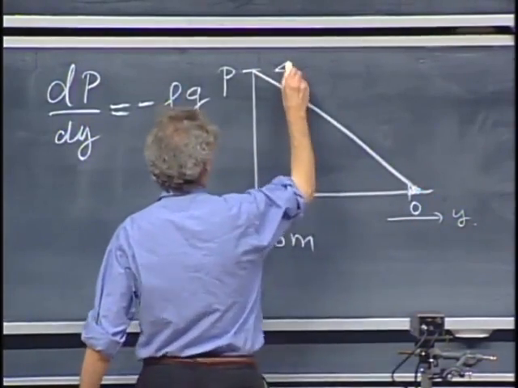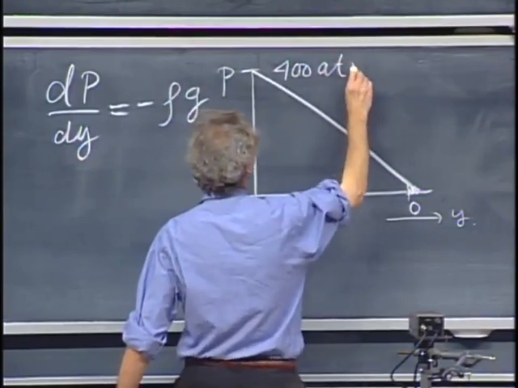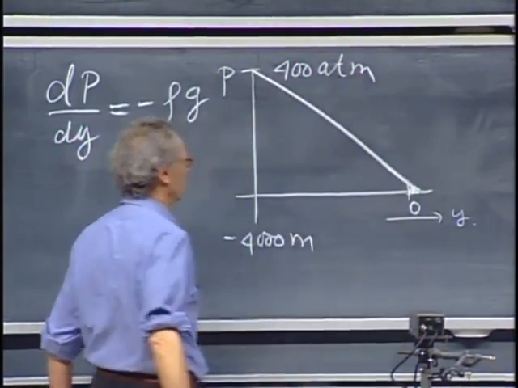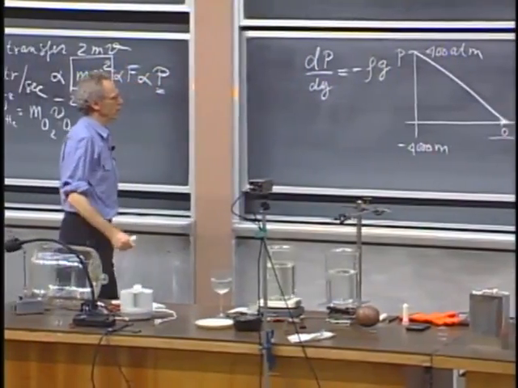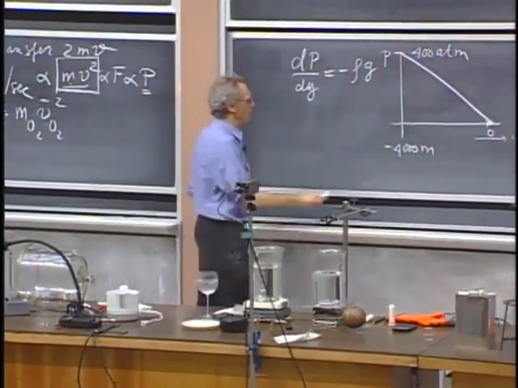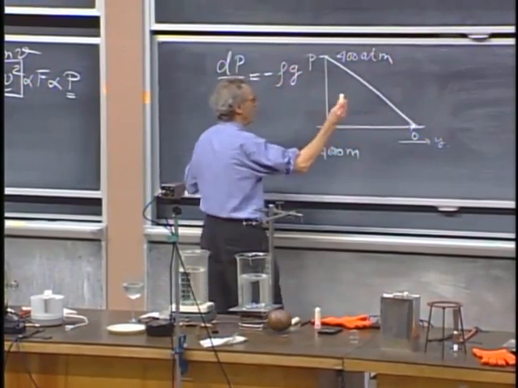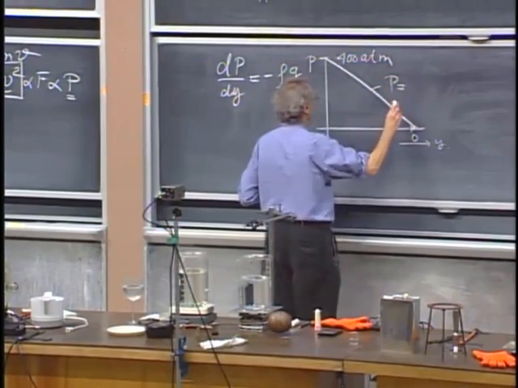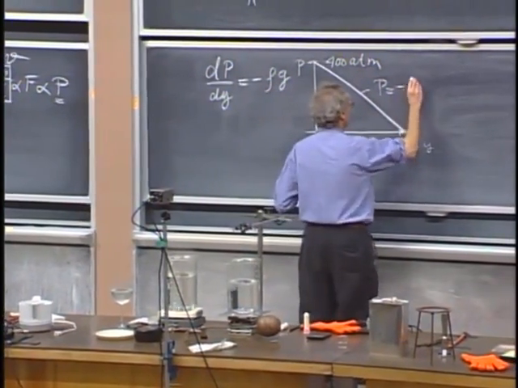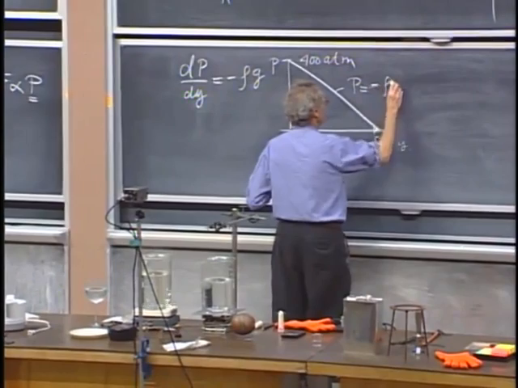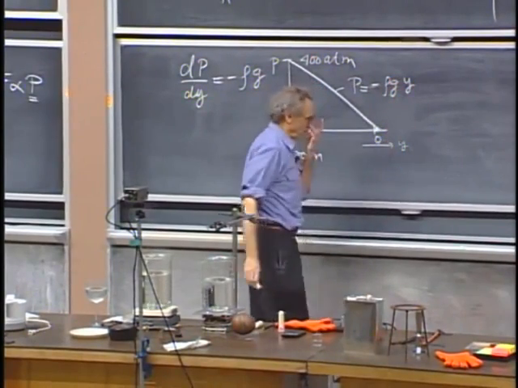Here it will be around 400 atmospheres, and it drops linearly. When you go up to the surface, it drops linearly. Well, it may be 1 atmosphere here because that's a barometric pressure, but that's a detail. I really want this to be the hydrostatic pressure, so that it's minus rho times g times y.